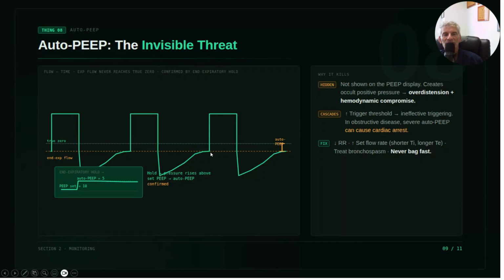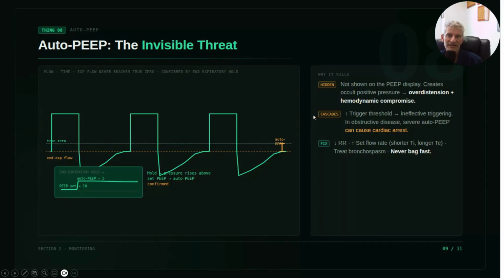And that's called auto PEEP. That's what you would calculate. So you check an end expiratory hold, and then that can give you your auto PEEP. So PEEP was set at 10, but your auto PEEP is 5, so total PEEP is actually 15.